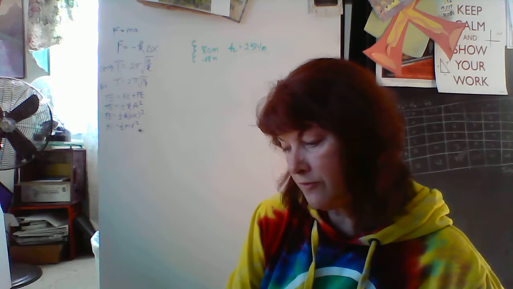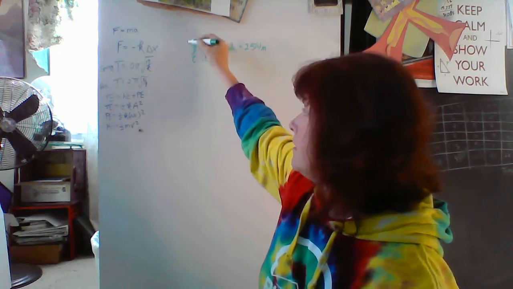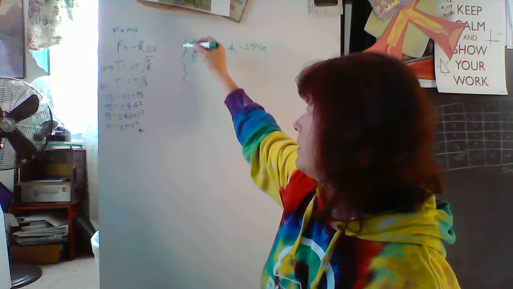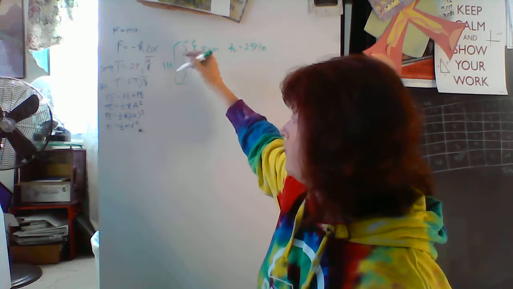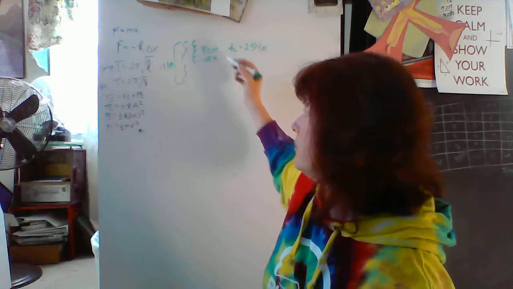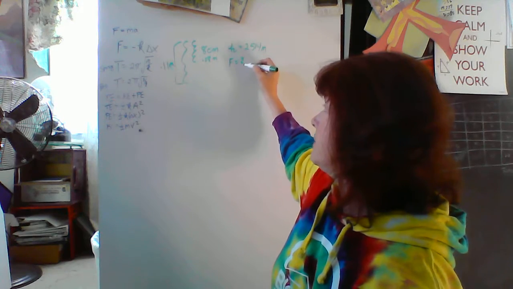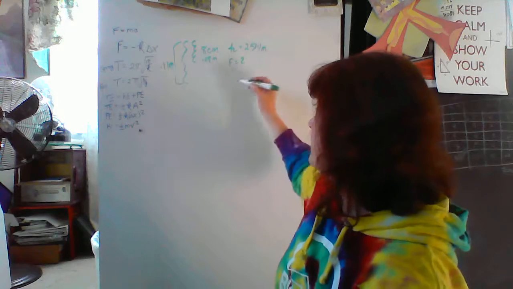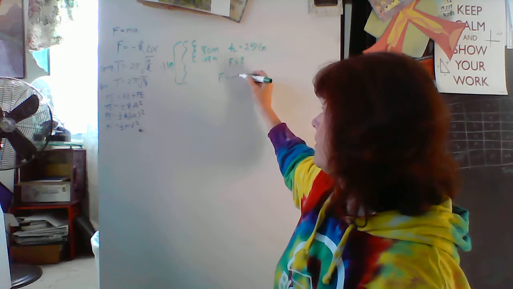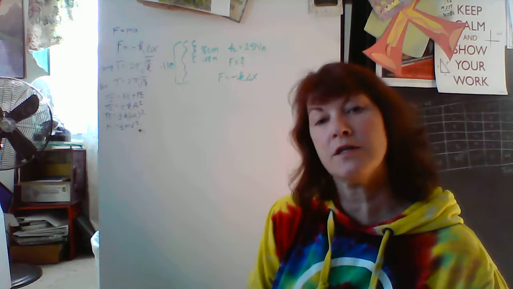And it says how much force is required to stretch the spring to a length of 11 centimeters. So it's going to go to 11 centimeters or 0.11 meters. And so I want to know what is the force. So I know that the formula that I'm going to use is force equals the spring constant times the change in x.